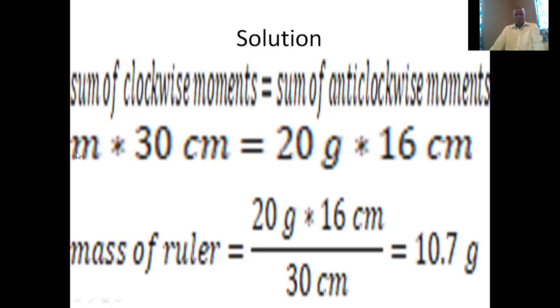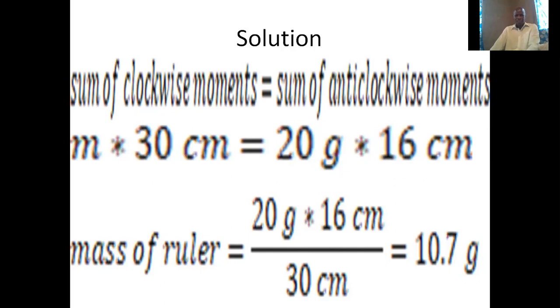And therefore we can multiply the two and then divide by 30 to find the mass of the ruler. So the mass of the ruler will be 20 grams multiplied by 16 centimeters divided by 30 centimeters. The centimeters cancel. Then 20 multiplied by 16 divided by 30 gives us 10.7 grams.